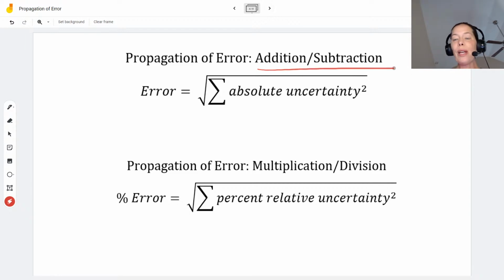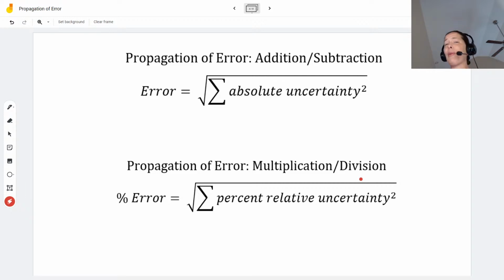But if you're doing addition subtraction, the way you calculate your error for that is you are going to take the sum of all the absolute uncertainties squared. So you're going to take each absolute uncertainty associated with whatever measurements you're adding or subtracting. You're going to square them. You're going to sum them, and then you're going to take the square root. Again, this will become a lot more clear when we actually do an example.